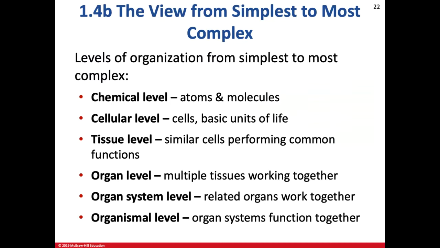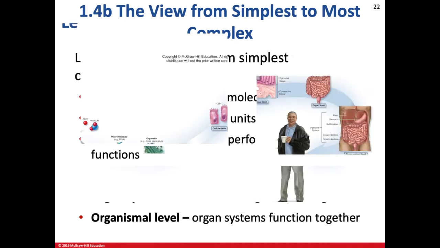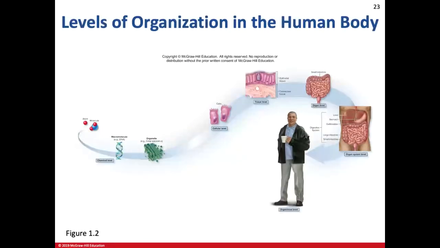Then the tissue level, which are groups of cells doing something that a single cell can't. The organ level, which are groups of tissues doing something that a single tissue can't. The organ system level, which would be a group of organs that do something a single organ can't. And then the organism, which is the whole shooting match. That's your body, right?